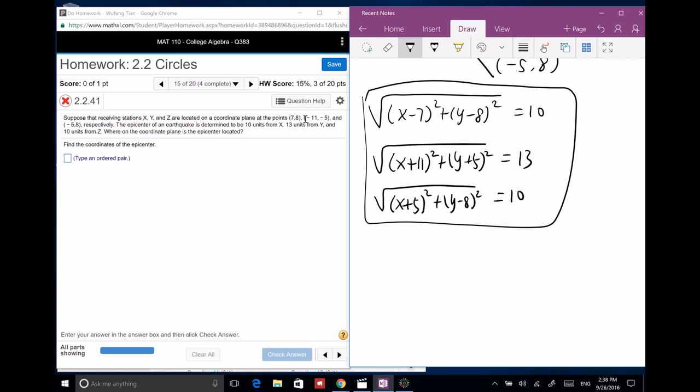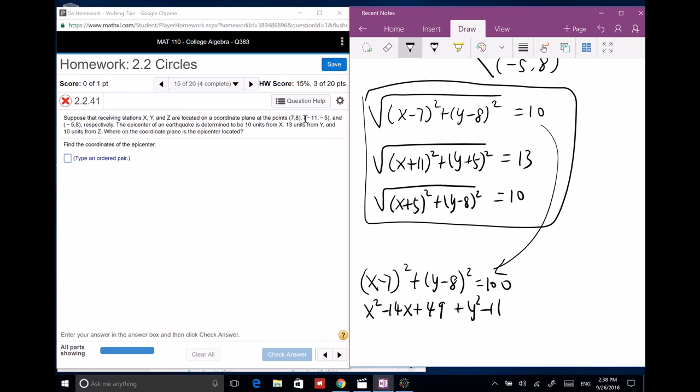For this one, square both sides: (x minus 7) squared plus (y minus 8) squared equals 100. FOIL it out: x squared minus 14x plus 49 plus y squared minus 16y plus 64 equals 100.